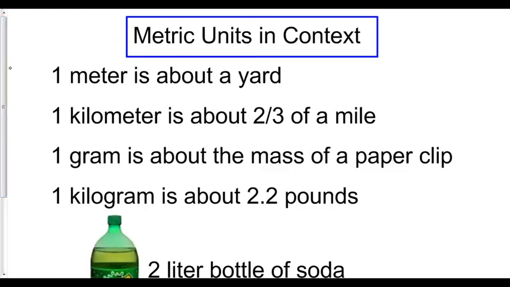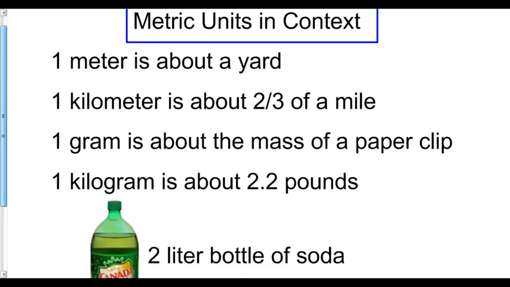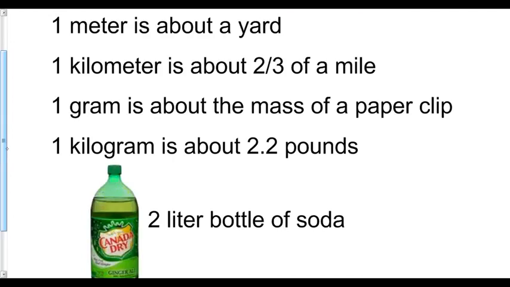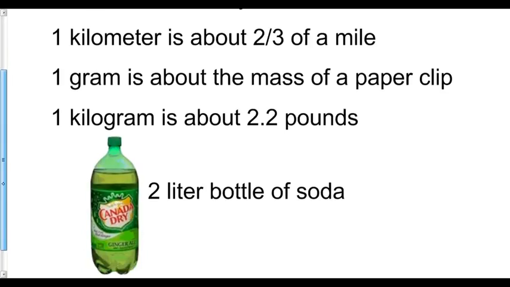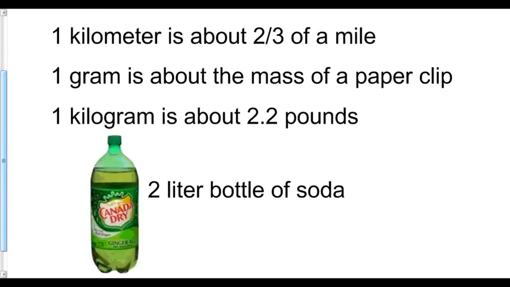A kilometer is about 2/3 of a mile. A gram is about the mass of a paperclip, so think about a standard paperclip, and that mass is about how much a gram is. So a kilogram is about 2.2 pounds. And then for liquid capacity, a 2-liter bottle of soda, something we're fairly familiar with seeing.